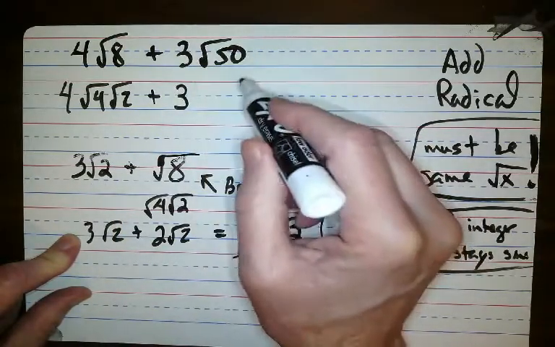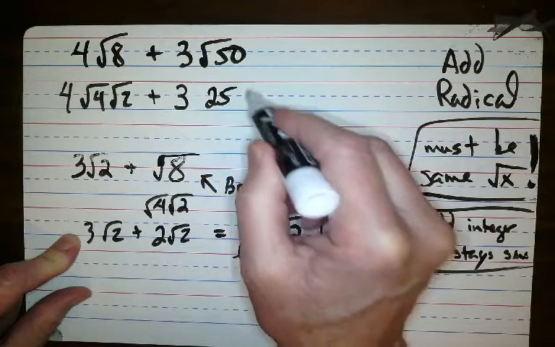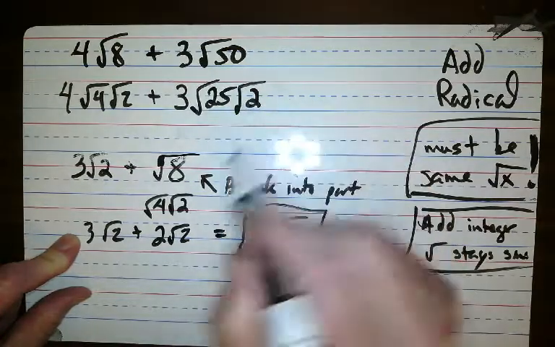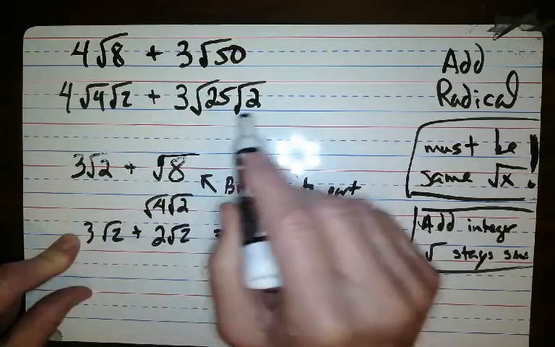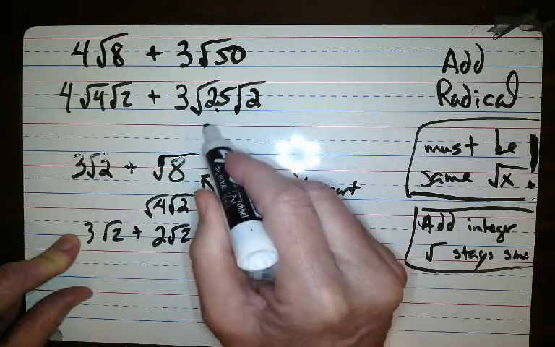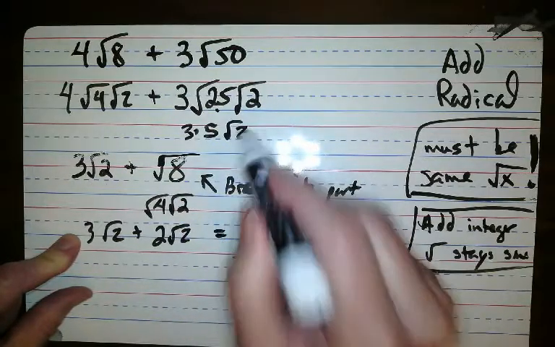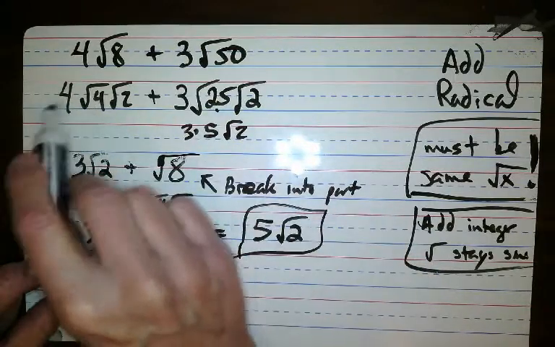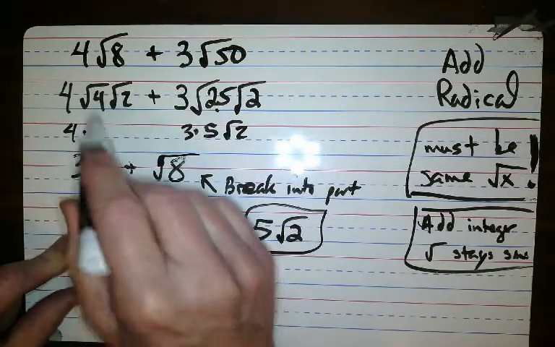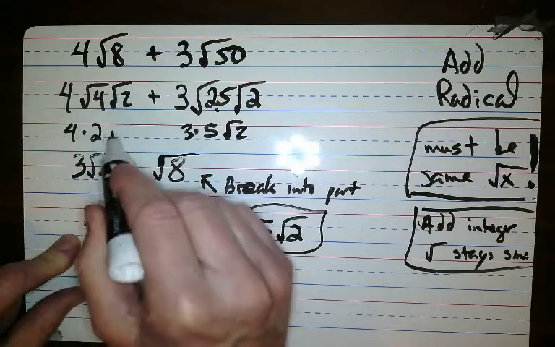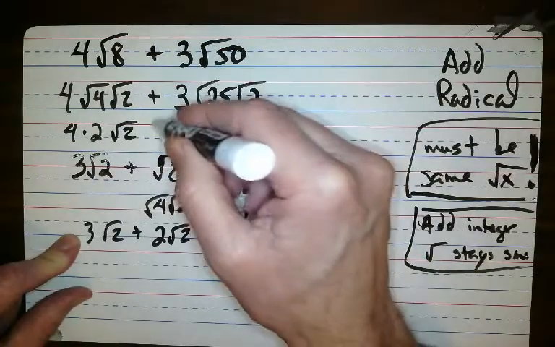I know 50 is 25 times 2, right? Now we're happy because look, I know the square root of 25. This is really 5 times 3 times radical 2. What's this one? This one's really 2 times 4 times radical 2.